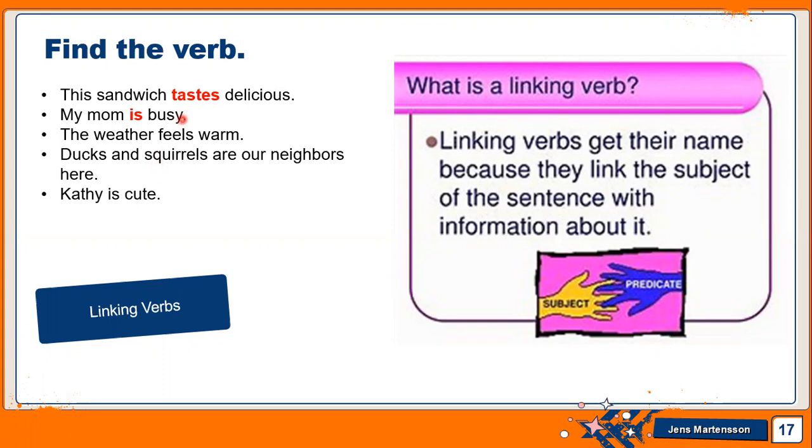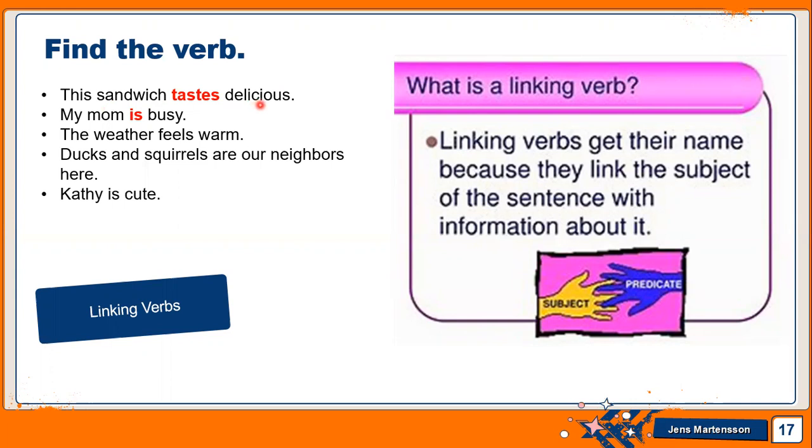What we have here is only these linking verbs: tastes, is, feels, are, and is. Now, linking verbs get their name because they link. Link between what? Between the subject and either the noun or an adjective. So they link between them.